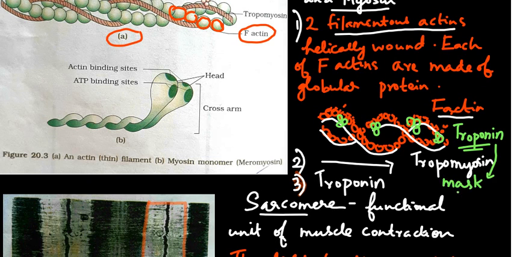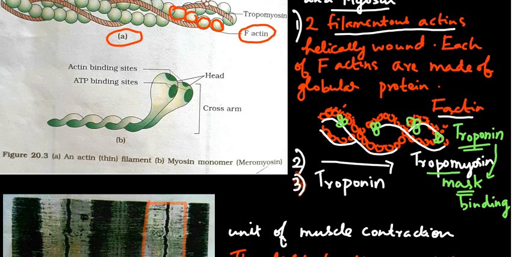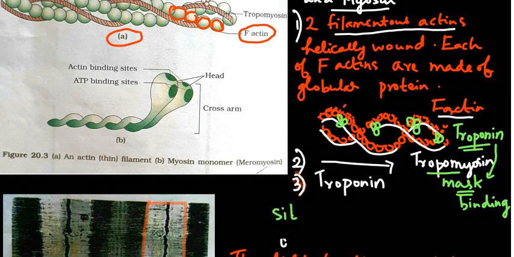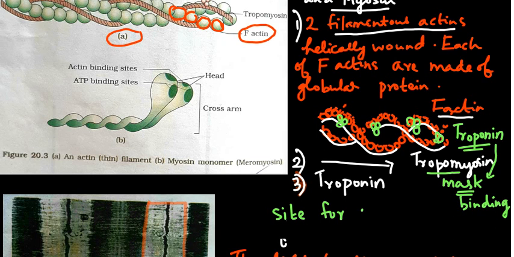It is actually masking the area where myosin will attach to it later when muscles have to contract. So troponin proteins present on the tropomyosin mask the binding site for myosin.